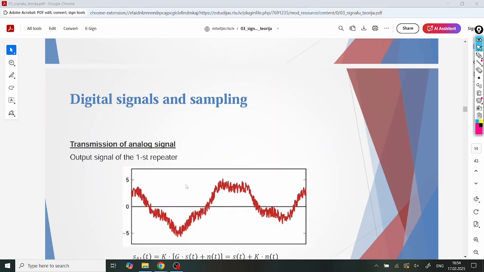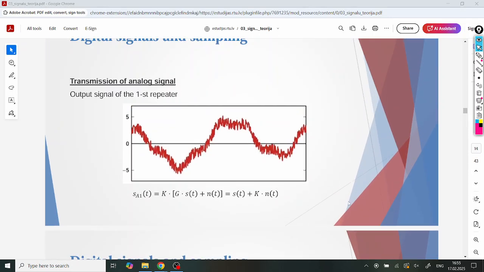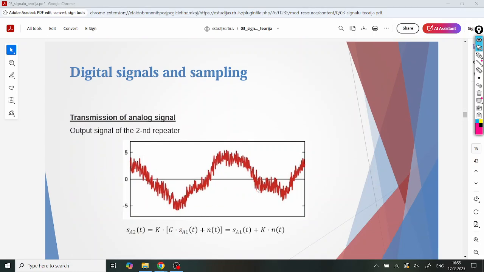Now, we already know how our first received signal looks after the first repeater. You receive the signal, you amplify, and amplification also increases noise. It is sent further in the channel, attenuated, received by the repeater, amplified, sent further. So this is how it looks after the second repeater.